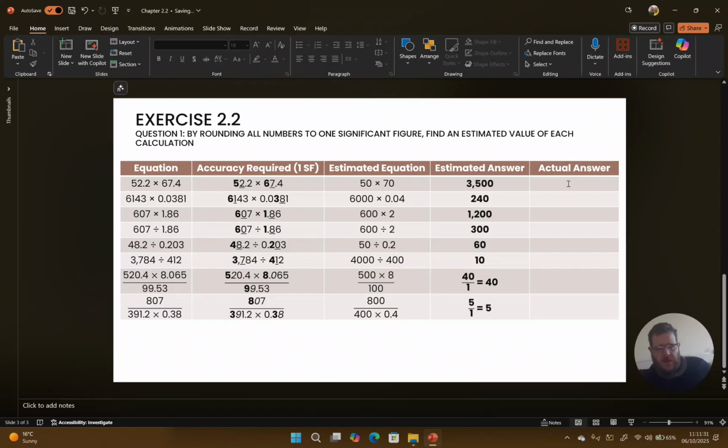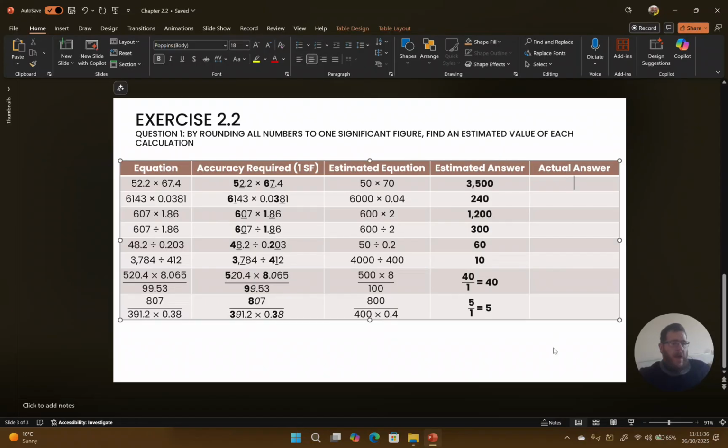Now, the next thing we want to look at, you're probably thinking to yourself, but what's the actual answer? This is where the calculator comes in. So now look at 52.2 times 67.4. I've done this in fractions.